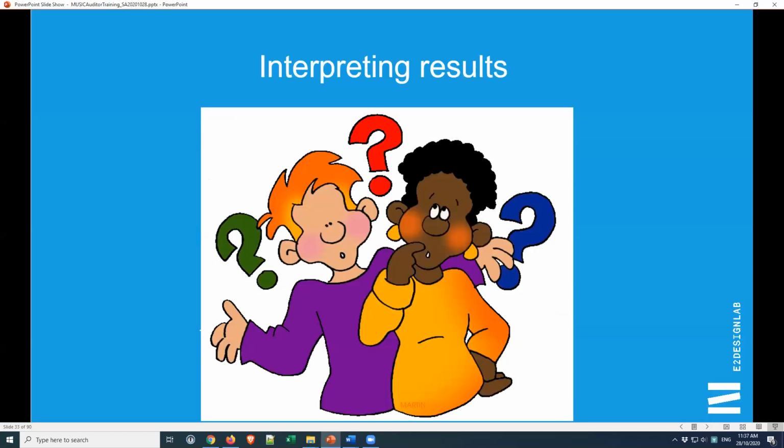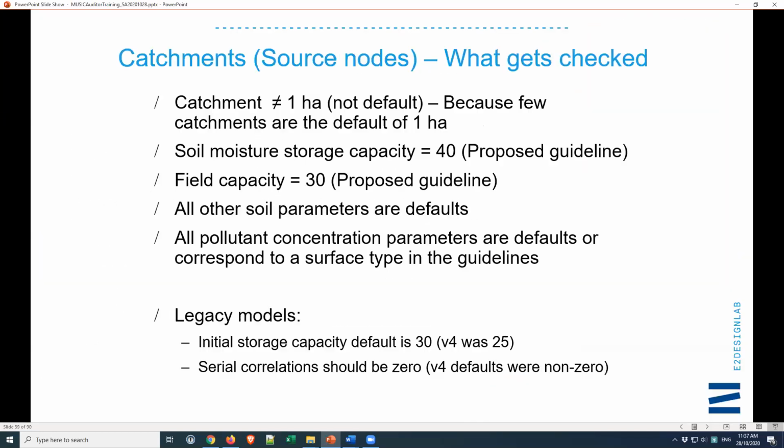That's okay. And sorry, a question from Jude: is it mandatory to include an auditor report in the MUSIC submission in the South Australia MUSIC Modelling Guidelines? We have at the end of the guideline, we've given some recommendations around submission.